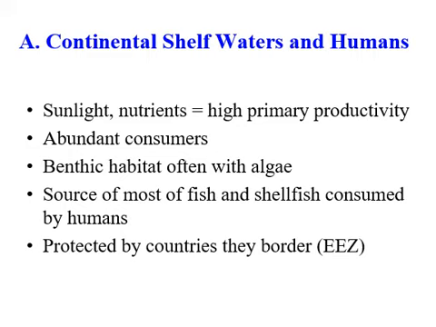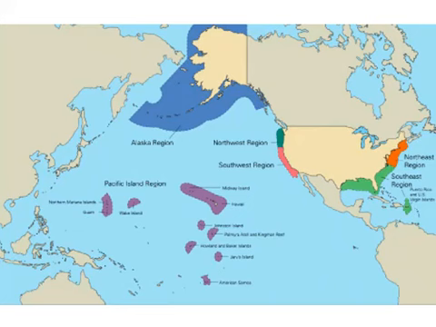And so for a long time, there's been shellfish and finfish that have been utilized from continental shelf waters, and it's still really, really productive. So each country values their continental shelf waters to the degree where there's these exclusive economic zones that have been established for all these different countries. It's basically water that belongs to a country.